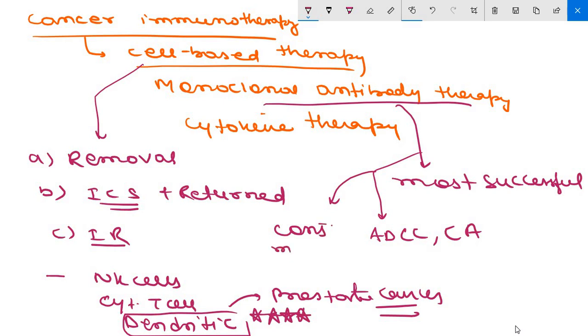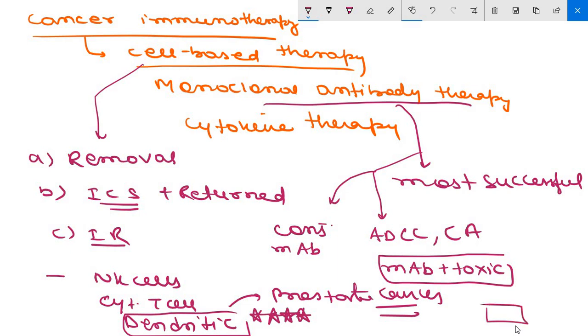Now the next point, conjugated monoclonal antibody. When a monoclonal antibody is conjugated with a toxic molecule, the antibody binds to the receptor on tumor cells and delivers the toxic molecule to exert a lethal effect on the tumor cells.